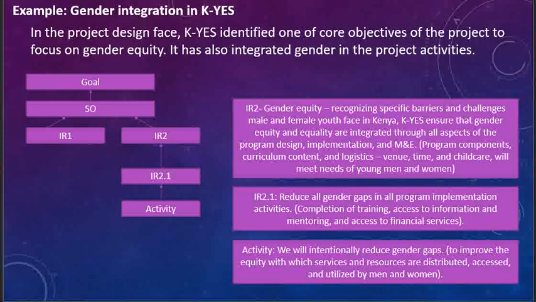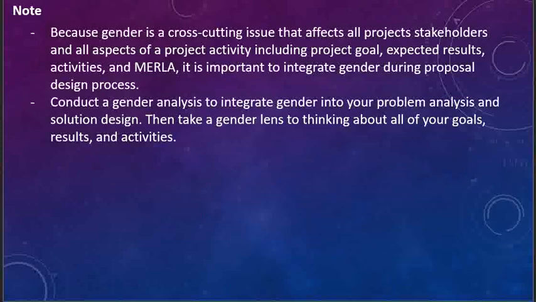Then we train, we give connection so that they can access equally. So that is an activity, a sub-intermediate result, and an intermediate result for creating gender integration.